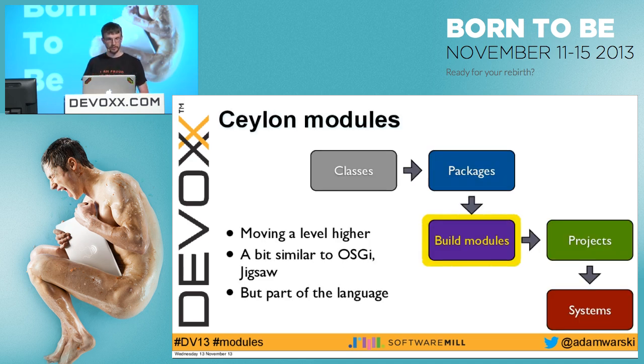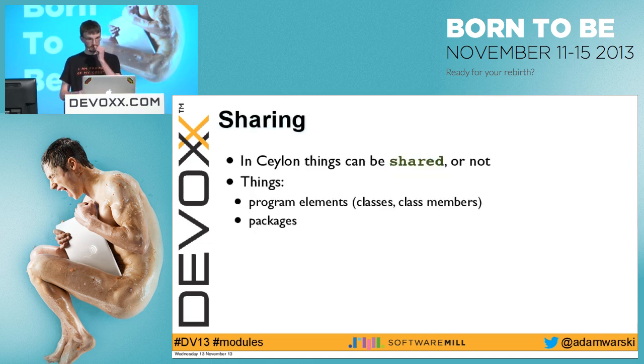So the Ceylon modules are a bit similar to what OSGi or Jigsaw, I think, may offer. We are moving now a level higher from the packages to build modules. As I said, they are similar to OSGi, but the modules are part of the language, like a construct in the language. So first, only a little bit of Ceylon terminology.